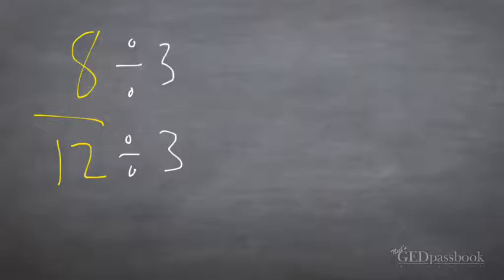If you divide both of these by 3, well, 12 divided by 3 does come out as a whole number. It comes out to 4, right? But could 8 be divided by 3 without creating a decimal? No, it comes out as a decimal, which is why you can't use 3. You have to use 4.